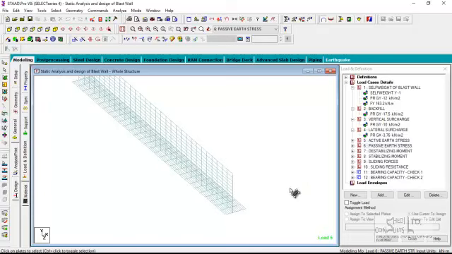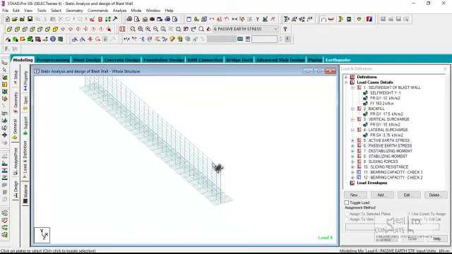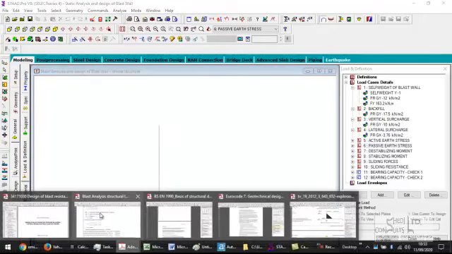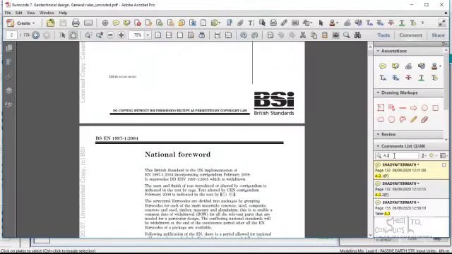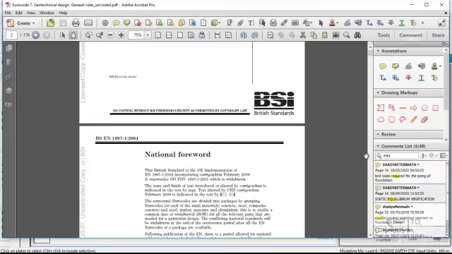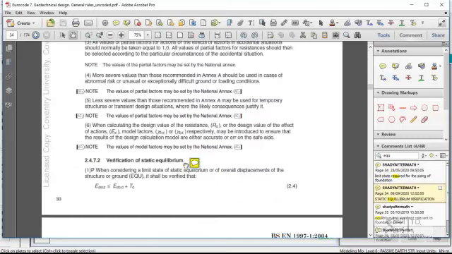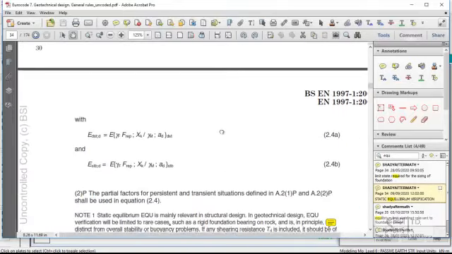Now, the next thing after the application of this load, we need to check the stability of the structure. When you're designing a retaining wall according to the Eurocode, the Eurocode talks about verification of static equilibrium limit states.